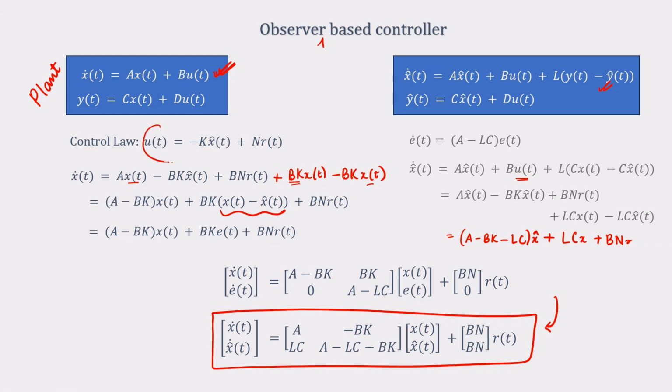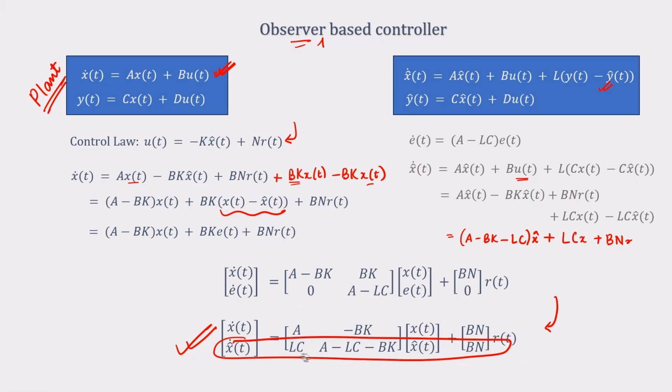So, this control law is an observer based controller. If I use an observer based controller of this form, then the dynamics of the entire system, basically plant and the observer taken together, is given by these equations, where the first differential equation takes care of the states of the actual plant, and the second differential equation here takes care of the dynamics of the estimated states.